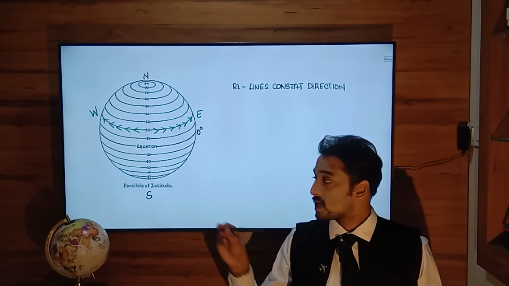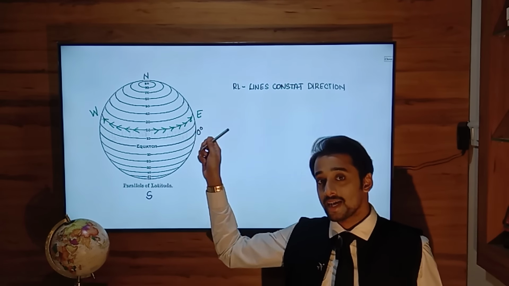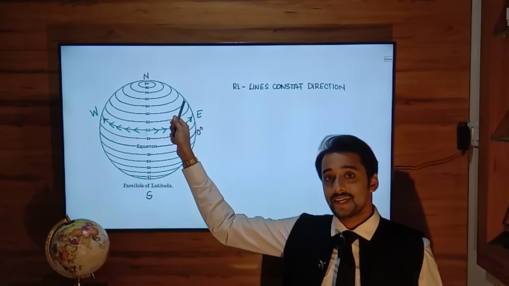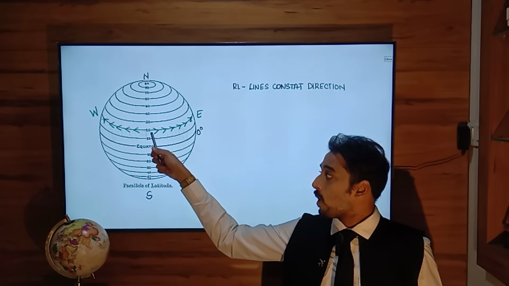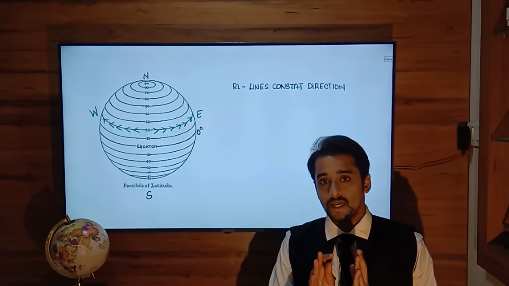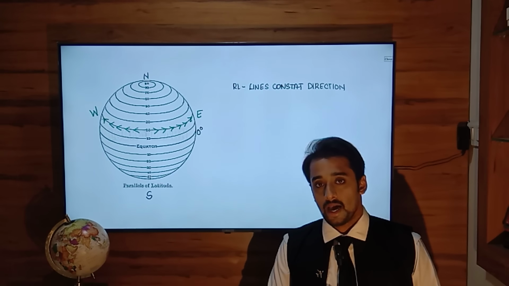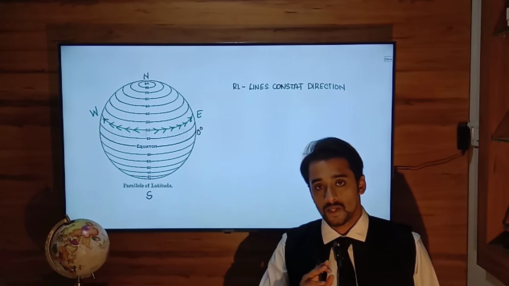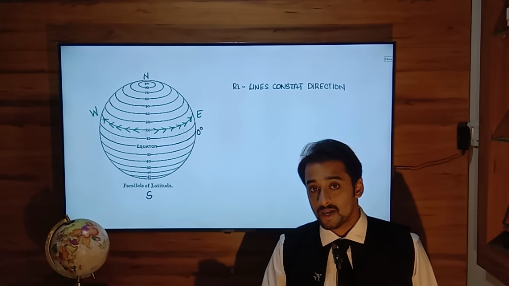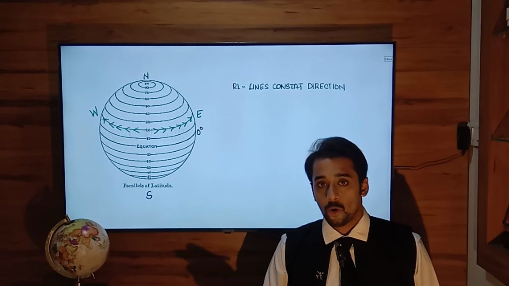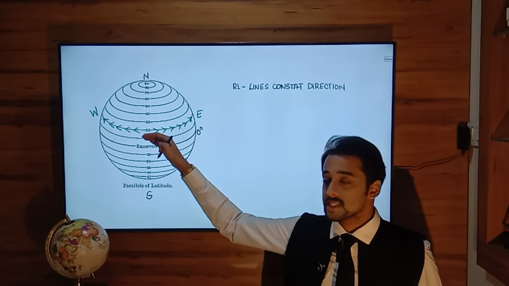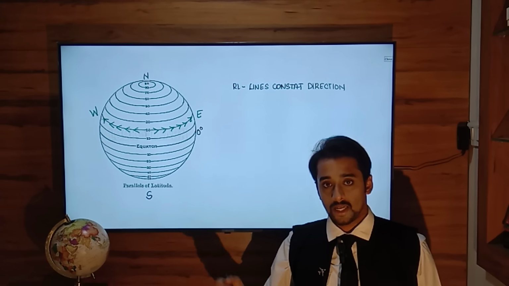If you continue in an easterly direction and maintain that direction throughout the flight, you will make a 360-degree circle around the earth at what latitude? At a latitude of 20 degrees north. So with a constant direction of east, you can keep doing 360-degree rotations of the earth at that particular latitude, provided you have sufficient fuel in the tanks. Or you can travel in a westerly direction and keep going westerly.